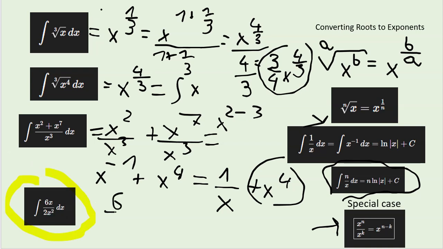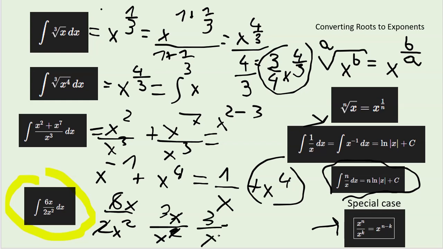That's 6x over 2x squared. So you can simplify this, and you get 3x over x squared. Then you simplify by x, so you have 3 over x. It will equal 3 ln x plus c.